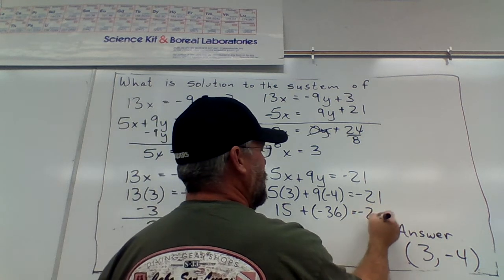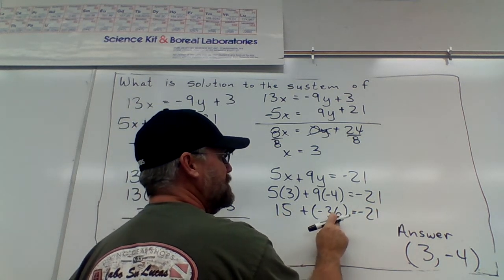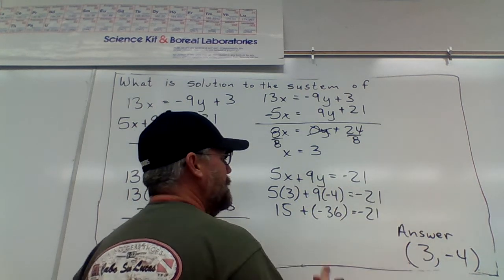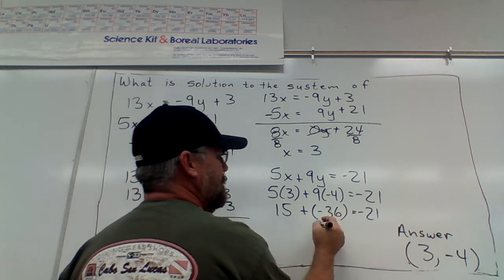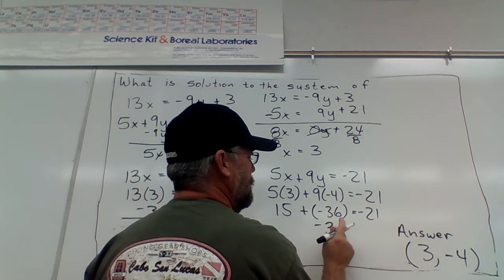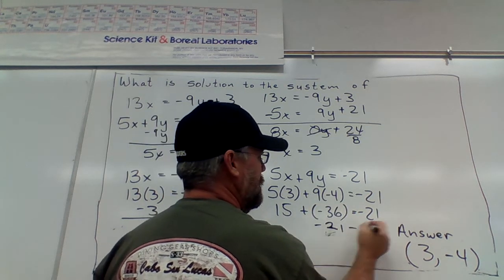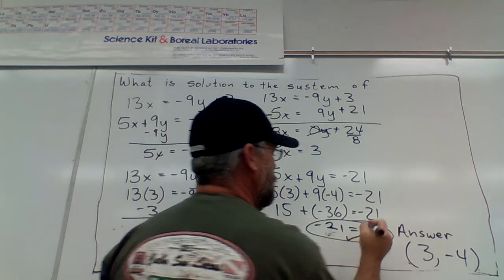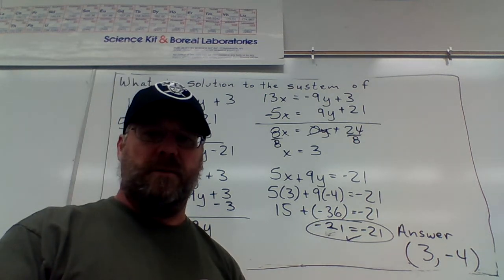Does that equal -21? 15 taken away from 36 is 21. The negative is the bigger of the two numbers, so negative is going to be your answer. -21. 36 minus 15 is 21 equals -21. And you have your check. And kapow, you then know that your answer is correct.